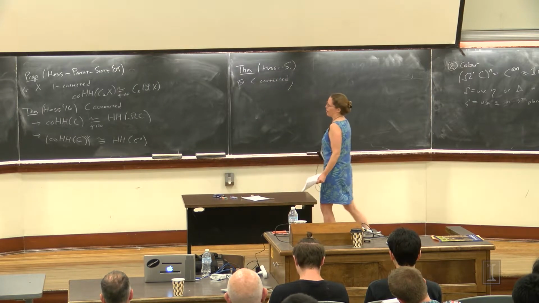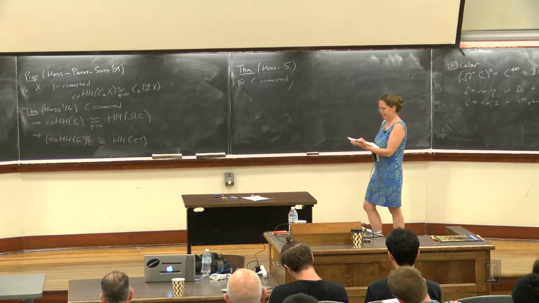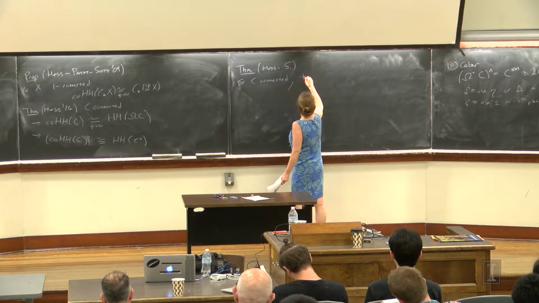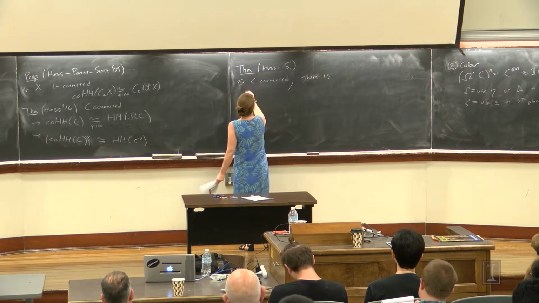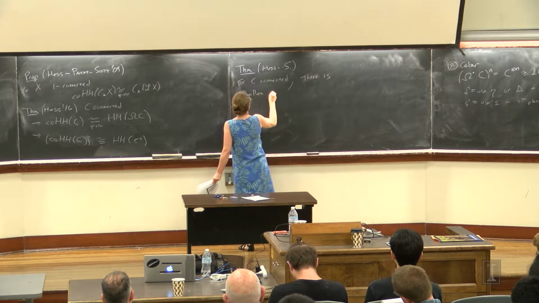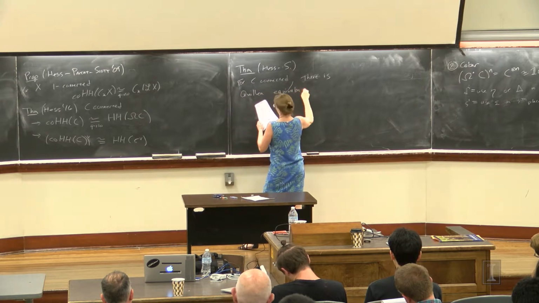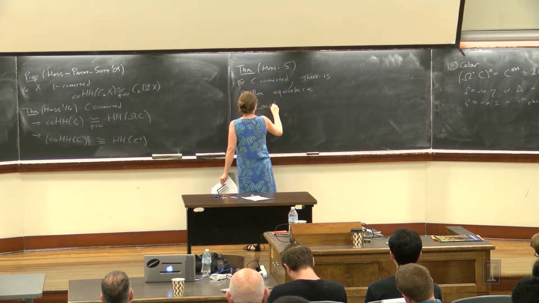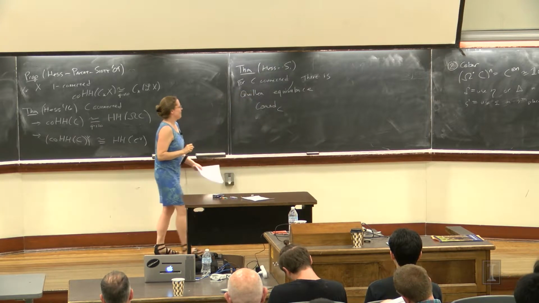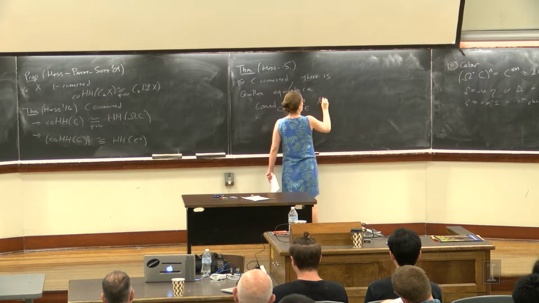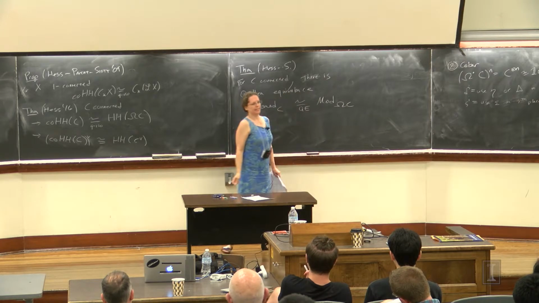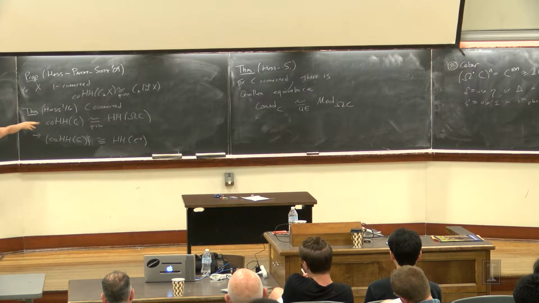in this category of co-augmented differential graded K coalgebras over a field, there's actually a Quillen equivalence underlying this equivalence, which says that if you look at the category of comodules over a coalgebra C, then that is Quillen equivalent to the category of modules over the cobar on C. So I've been using it implicitly here, but I should have pointed it out.